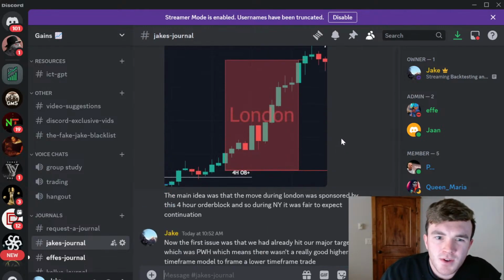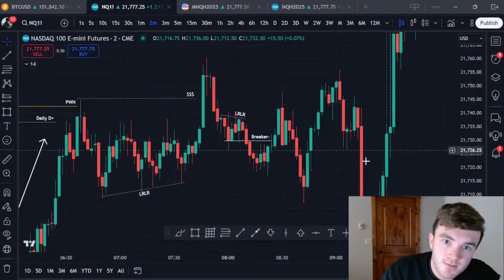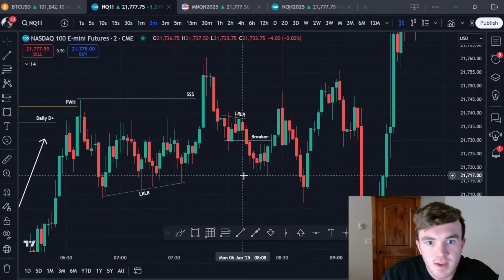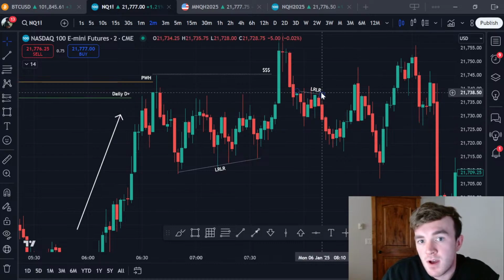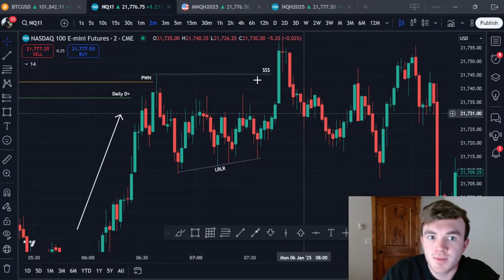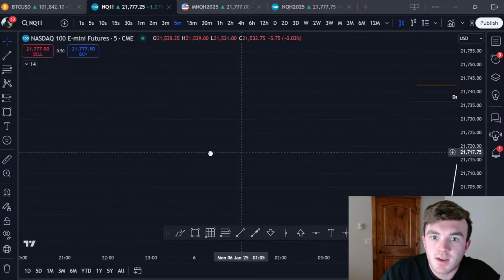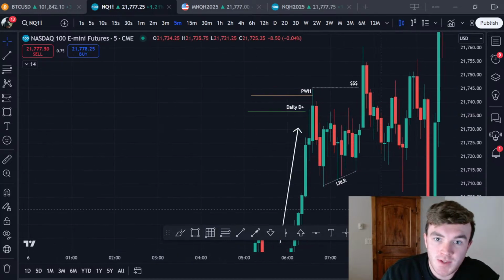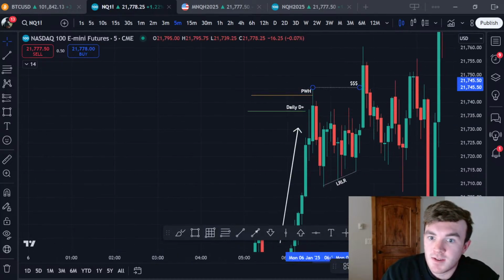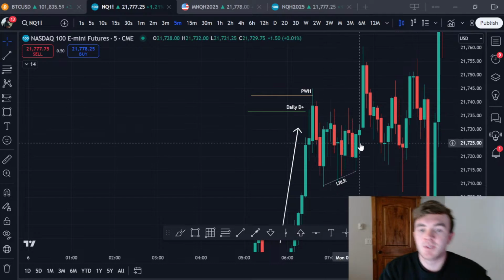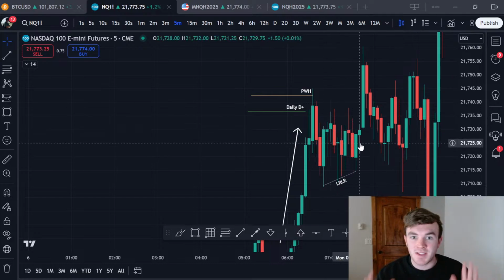Now I skipped trade 55, which was also a loss. Same issue, and arguably this one was a lot worse, but this was on a singular account. So we had LRLR below. That's the main reason this trade sucked.